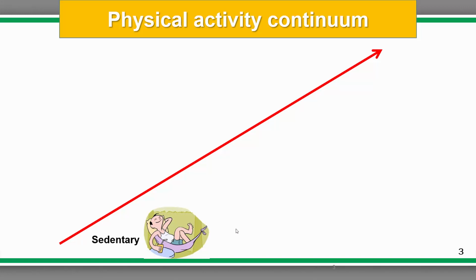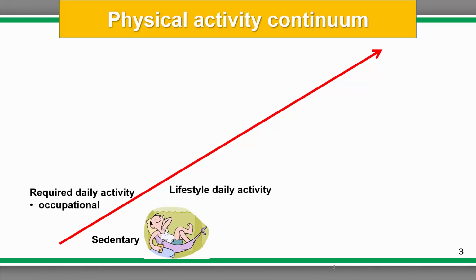This little cartoon illustrates that a sedentary person will only engage in physical movement or physical activity that is absolutely necessary. As we increase our level of physical activity, some people will have a higher level that is required from daily activity as part of other daily activities, which include various occupational tasks.